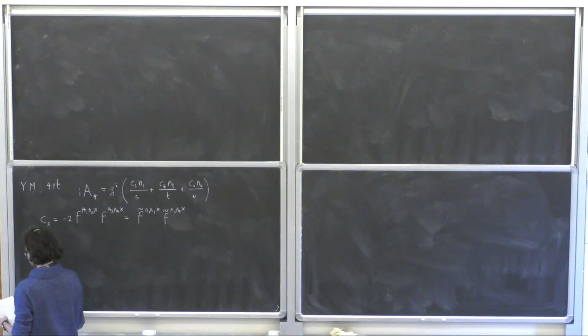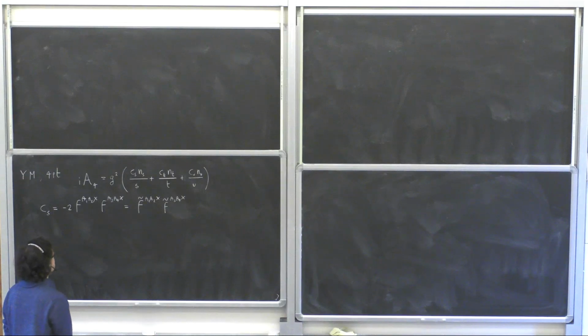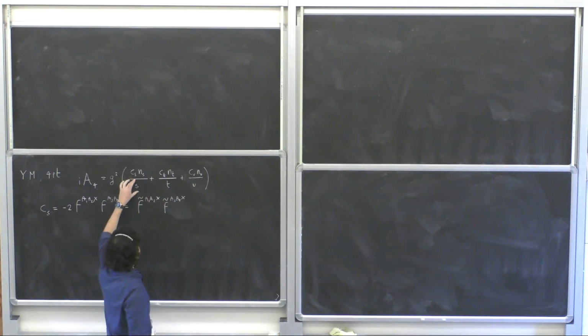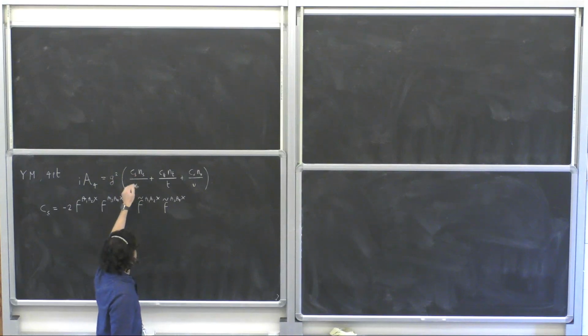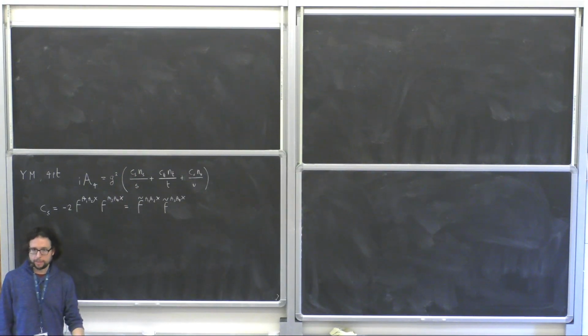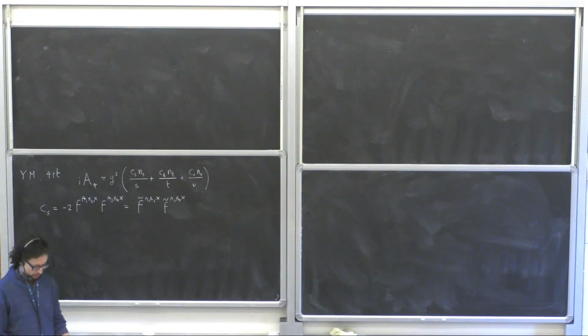Okay. And then we have, of course, here we see 1 over s, 1 over t, 1 over u coming from the propagators, and then we have everything else which is in the numerator factors.